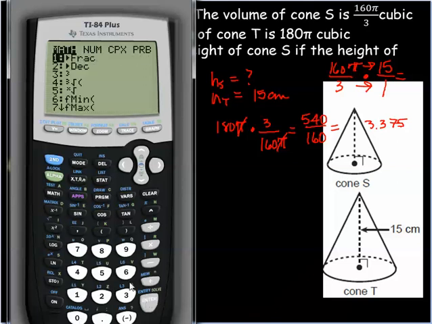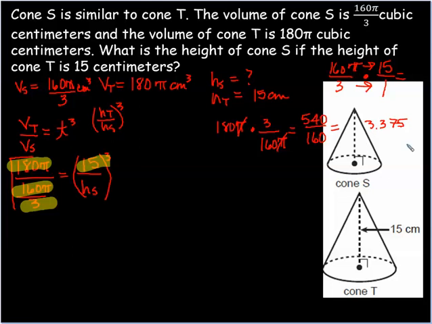So I can push math enter and it'll show me what it looks like as a fraction, which is 27 over 8. So let me write that over here. 27 over 8.